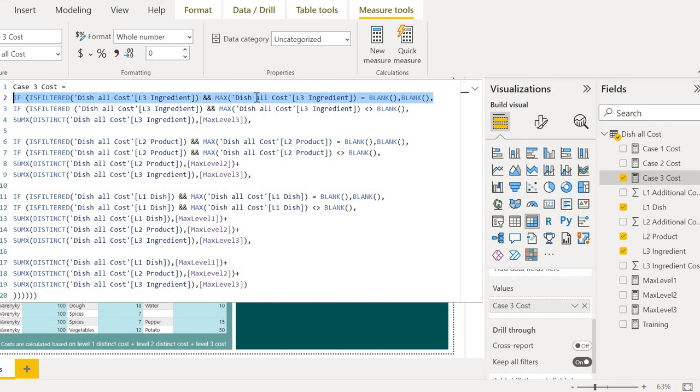So this one corresponds to not showing blank values for level 3. This one corresponds to not showing the blanks for level 2. And this one corresponds to not showing the blanks for level 1. And this one is our final formula, and good luck with that.